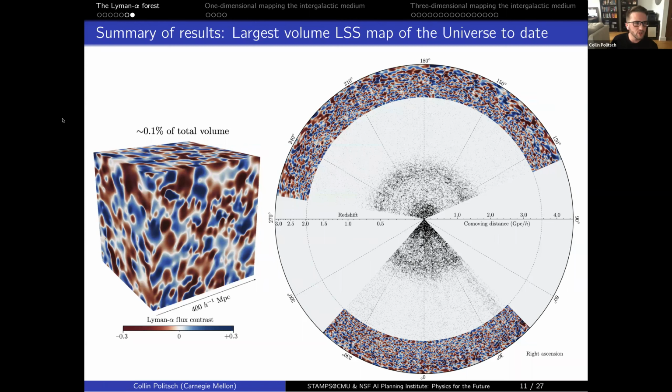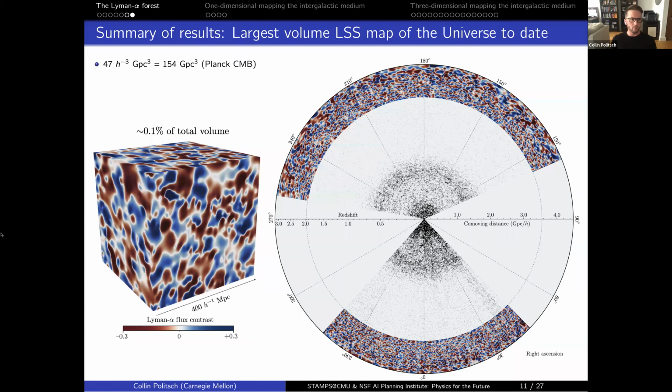So just some logistical summaries of the map. It's 47 cubic gigaparsecs over h cubed. Slide transitions are a little bit wonky today, I apologize. And so assuming a value for the Hubble constant based on the measurements from the Planck CMB, that's approximately 154 cubic gigaparsecs.